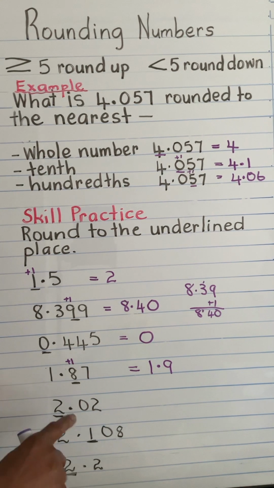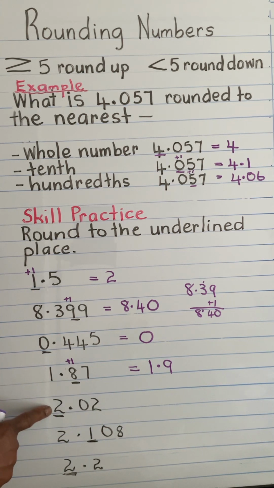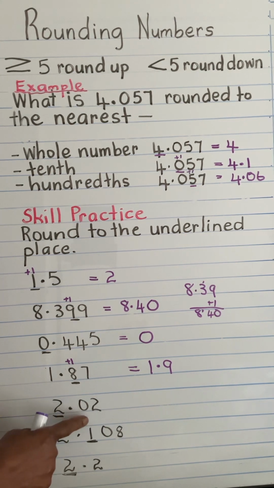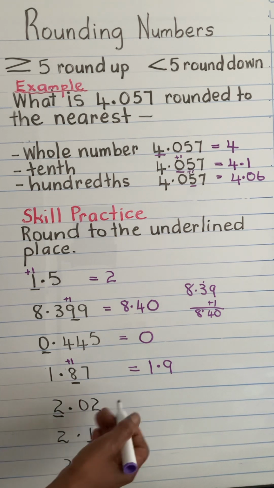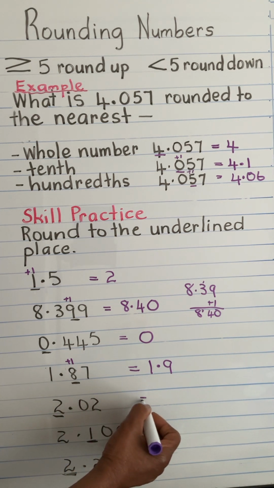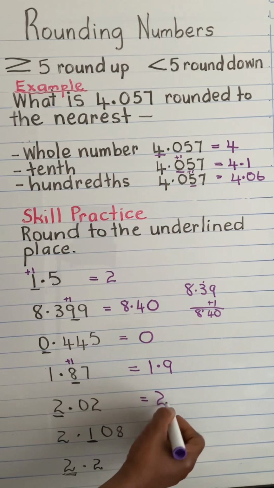Next, 2.02 to the nearest whole number or the nearest ones. We look to the right and it's 0, so the rounding number remains the same. So that is equal to 2.